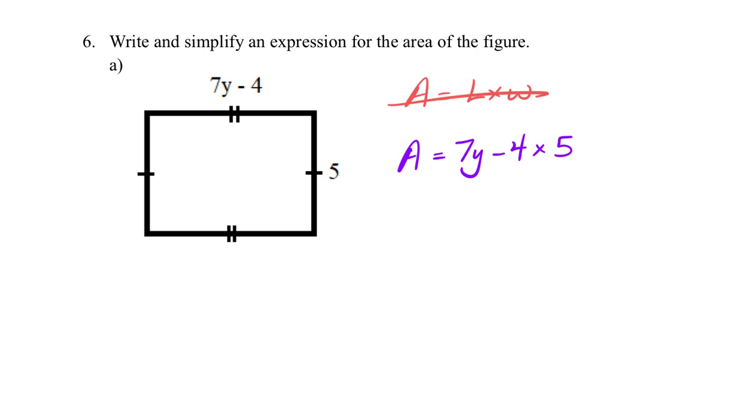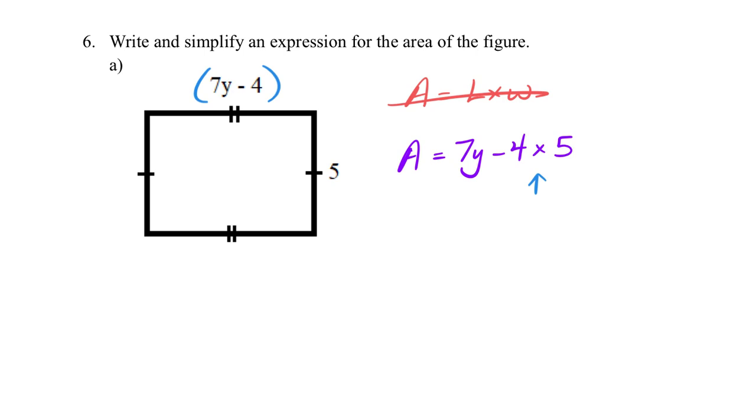It's just between the 4 and the 5. And our problem is, to calculate the area, we have to calculate the length times the whole width. One dimension times the other, not one dimension times only part of the other. So if I wrote that purple, I'm incorrect.